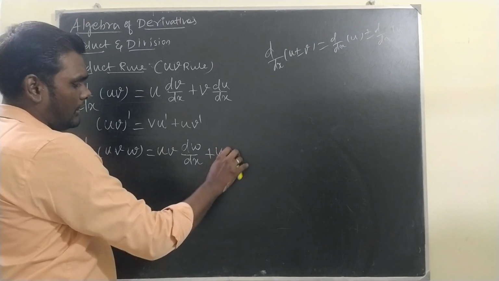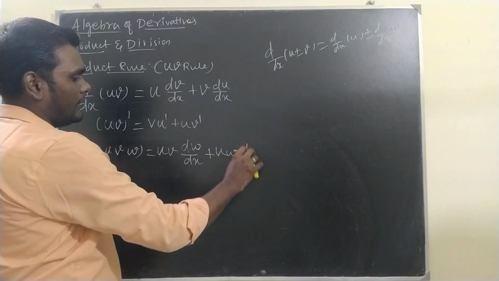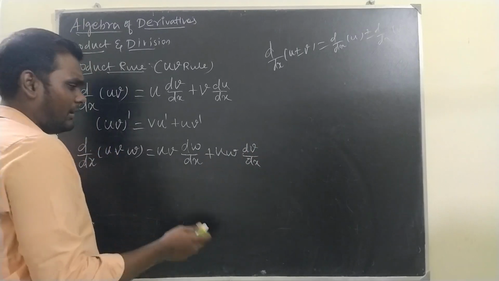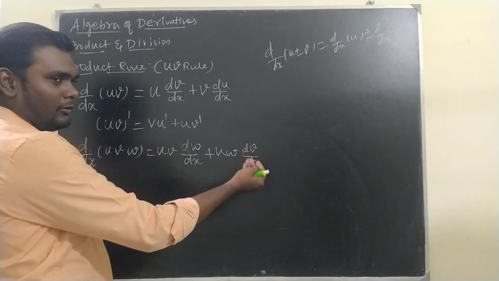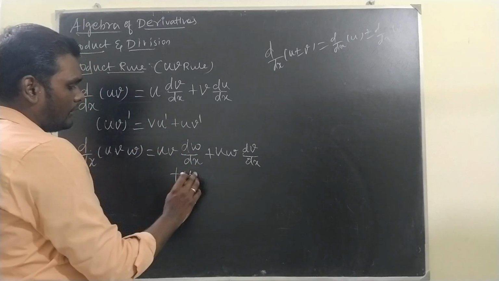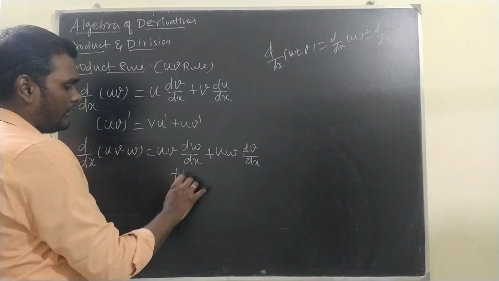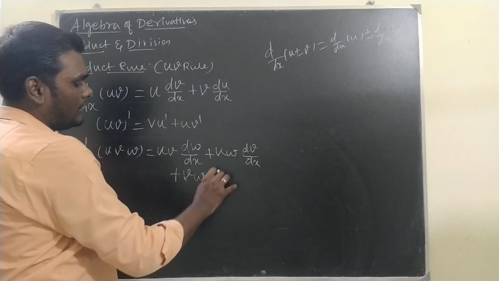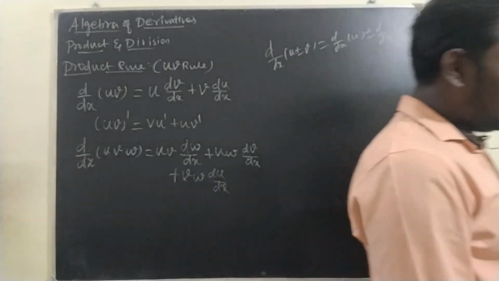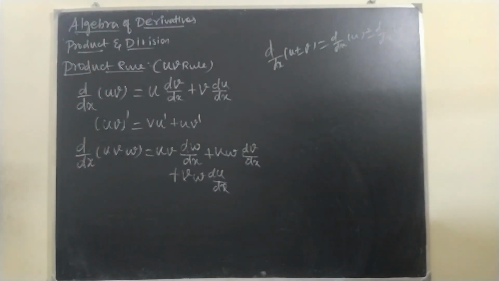And u and w I am keeping as it is, dv by dx. We can change the order of these terms but the answer should be same. And after that, v and w stay together, du by dx. Got it? This happens for three functions.